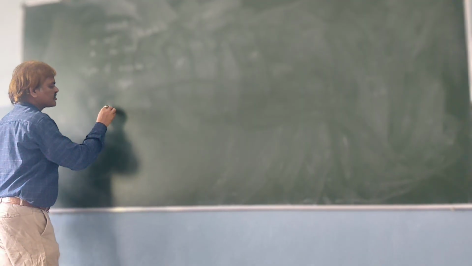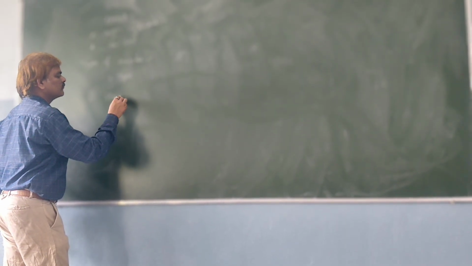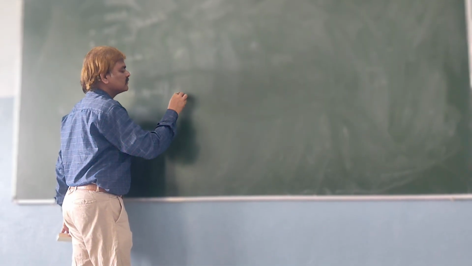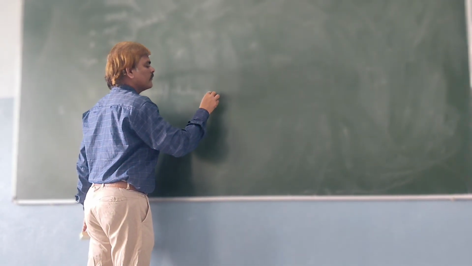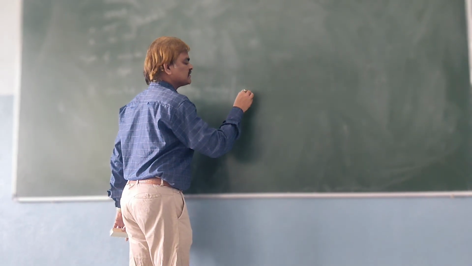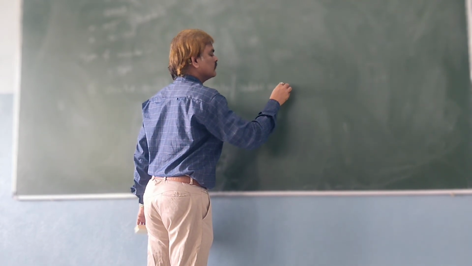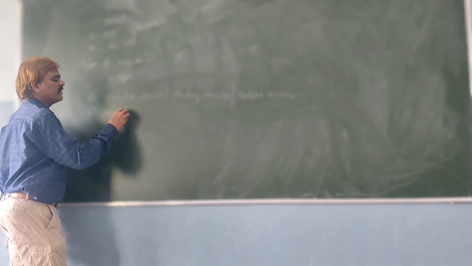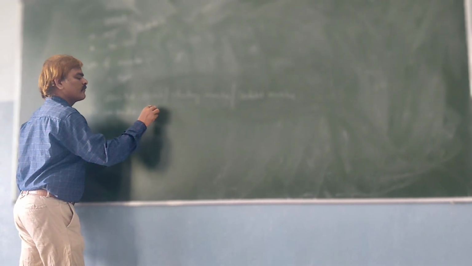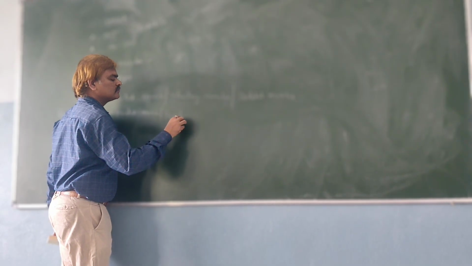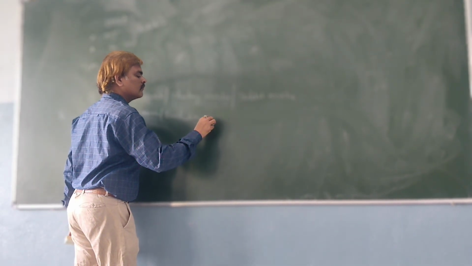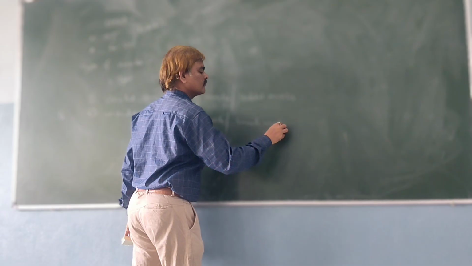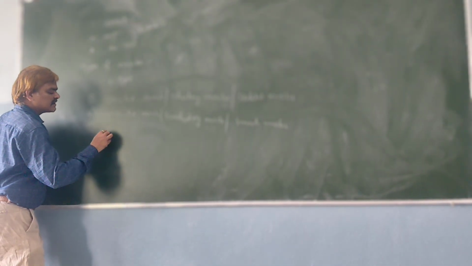The first one is called striated muscle, also called voluntary muscle, also called skeletal muscle. The second one is called unstriated or non-striated muscle, or involuntary muscle, also called smooth muscle. The third one is called cardiac muscle.